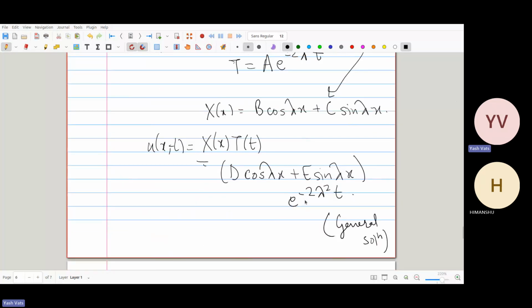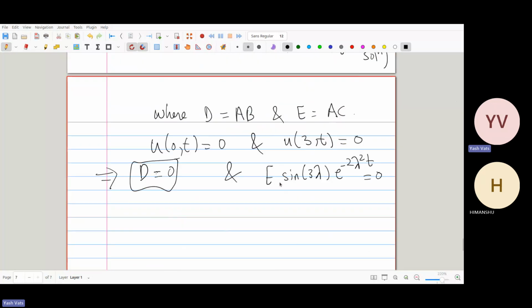So if e is 0, then u(x,t) is 0, but you don't want u(x,t) to be 0, right? So you want e to be non-zero. Then this implies that sin(3 lambda) is 0, as e is non-zero. So sin(3 lambda) is 0 implies that 3 lambda is n pi. Lambda is n pi by 3.